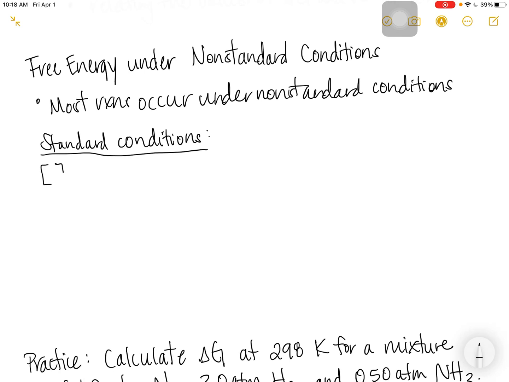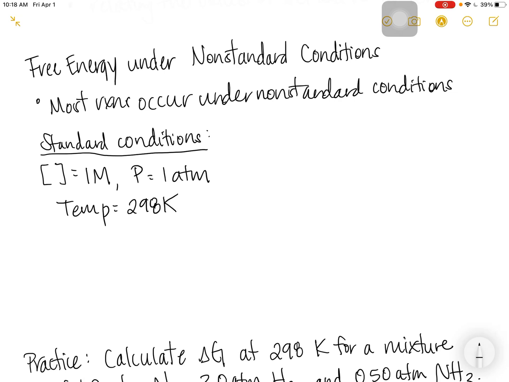Standard conditions are the concentrations of all reactants and products equal to 1 molar, or the partial pressures equal to 1 atmosphere, and a temp of 298 Kelvin. So if a reaction is occurring and it doesn't meet one of those conditions, then it's at non-standard conditions, and I cannot use the delta G values that are on that packet that we work with.